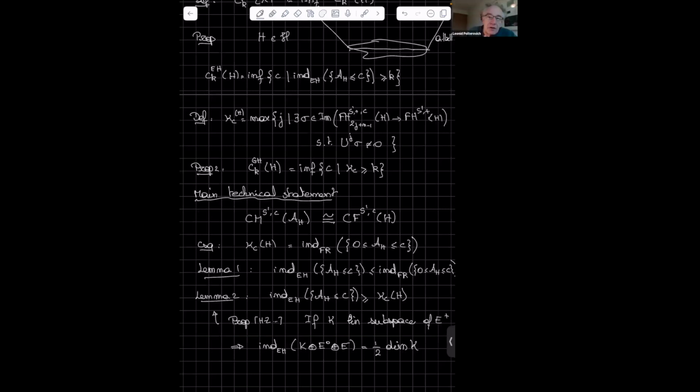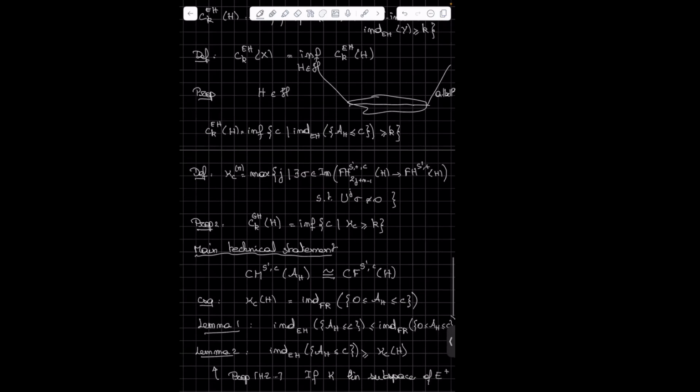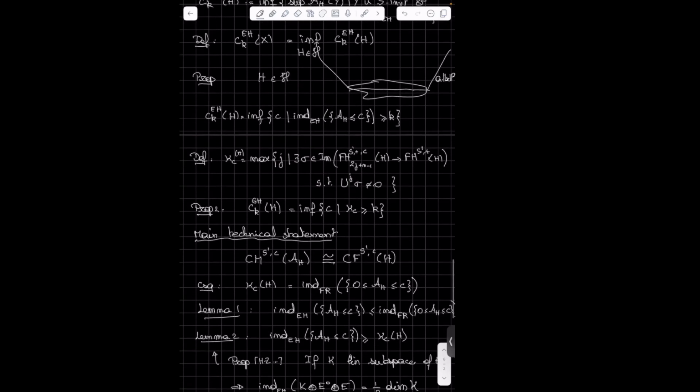Jean, am I right that you somehow avoided using directly this group gamma? Yes and no. This group gamma roughly contains the flow by the gradient of the Hamiltonian action functional, so we have to use that.